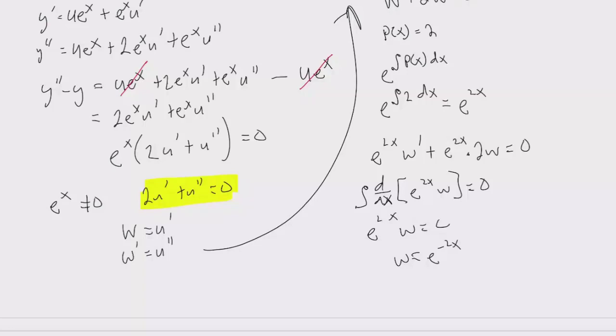When we integrated that, we picked up a constant. So w equals c1 e to the negative 2x. Why not? Okay, but we also stated that w was u prime.